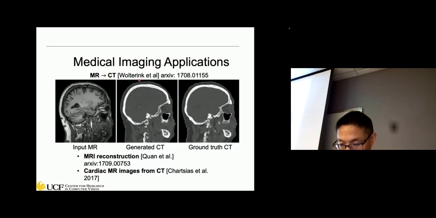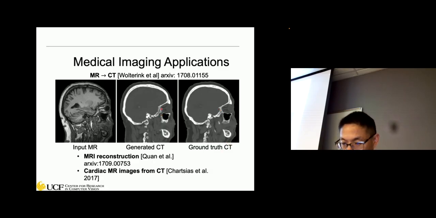In this case, we can use GAN techniques to generate new modalities. Here we have the MRI image, and we can synthesize the corresponding CT. On the right side is the ground truth CT image. As you can see, the generated one is pretty close to the ground truth.